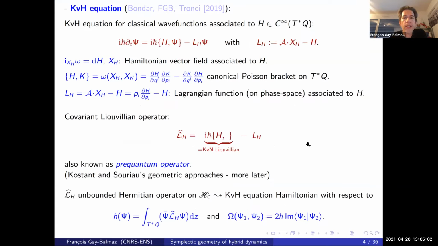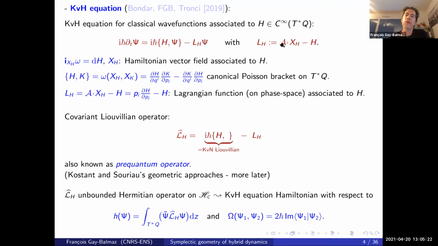Here I'm writing the KVH equations that you have seen earlier, which has two terms: a Poisson bracket term between the Hamiltonian and the wave function, and this Lagrangian term, where L_H is the phase space Lagrangian multiplying the classical wave function.